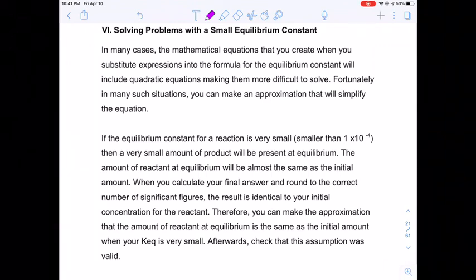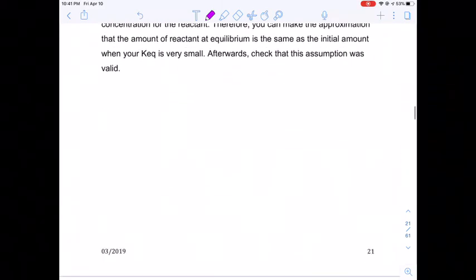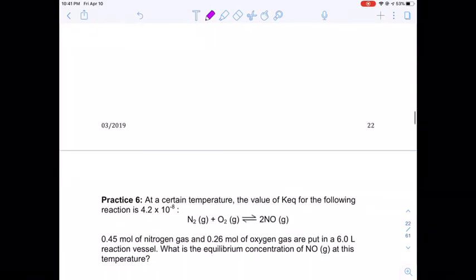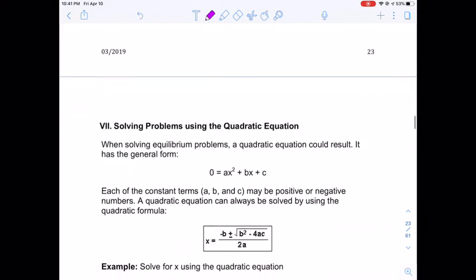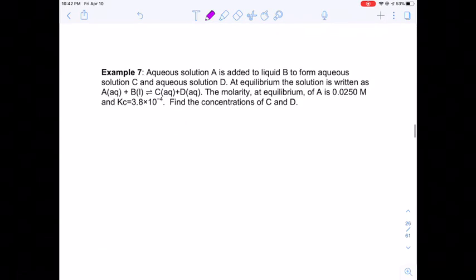So I think I'm going to actually put this in a separate video, and just give you my word that I'm not going to ask you to do a small equilibrium constant question. So that's my gift to you. I'm going to give you a sort of mastery problem that has these small equations and also the quadratic formula ones.